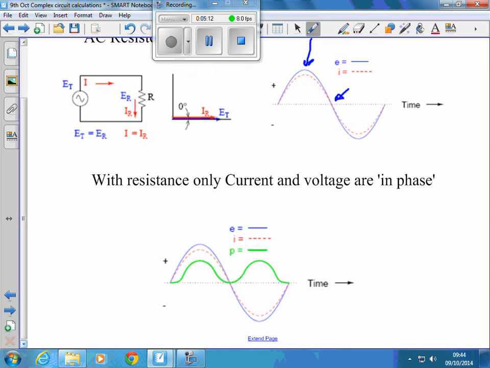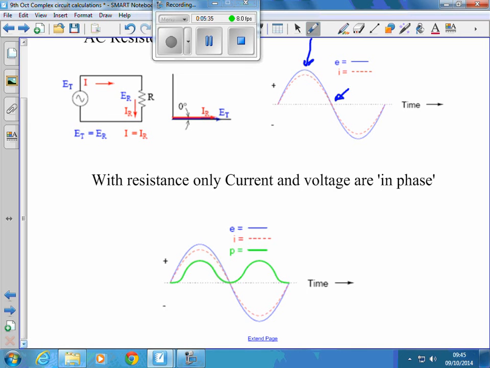So resistive circuits, you can really just deal with them like you would a DC circuit, because there's no reactive component. Voltage and current are in phase. Ohm's law, Kirchhoff's laws, etc. apply, and you can just deal with it as though it was a DC circuit.